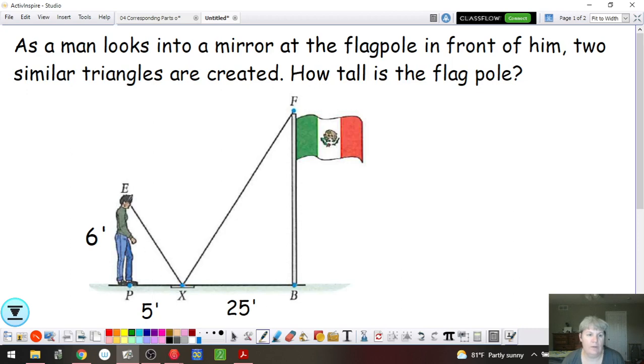We have the man 5 feet from the mirror, and the pole is 25 feet away from the mirror as well. So we can write a proportion.